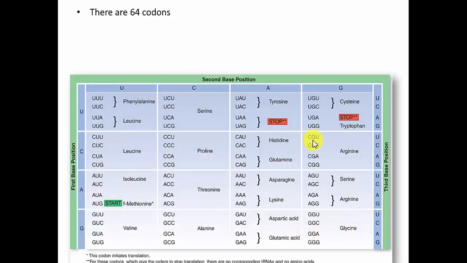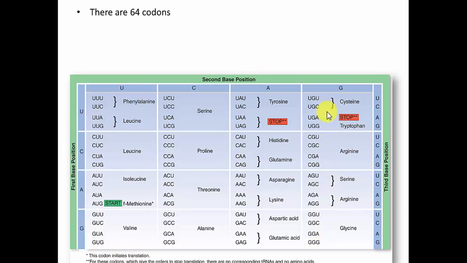Now this is a figure out of the text that shows all the different possible codons and what they actually translate to in terms of the amino acids, and some of these being official stop codons. So there are 64 total codons. If you count them up, we've got 64 here.